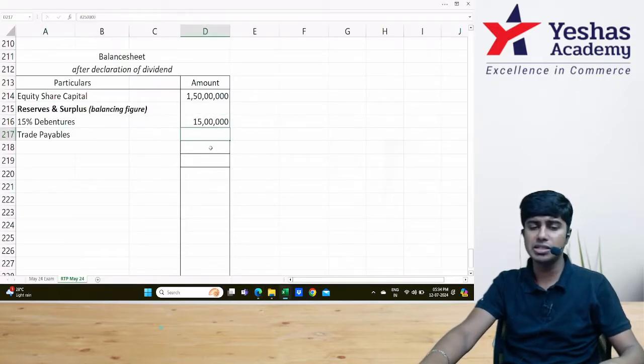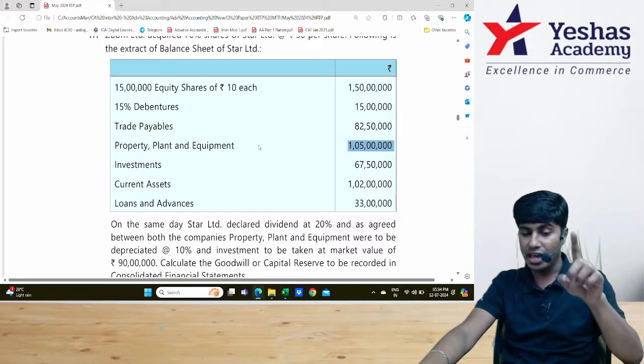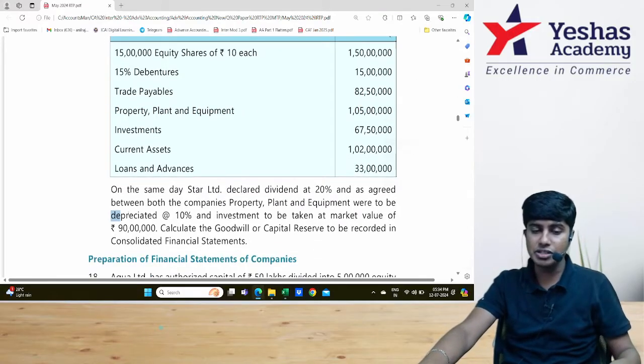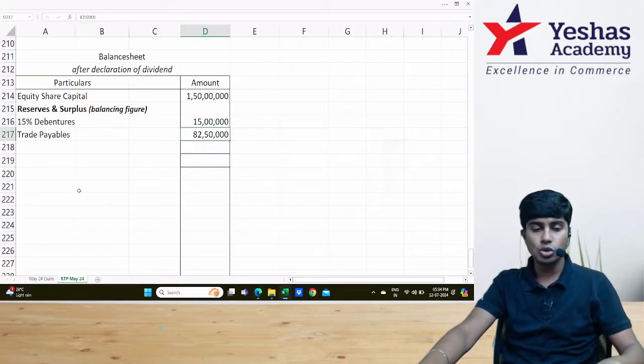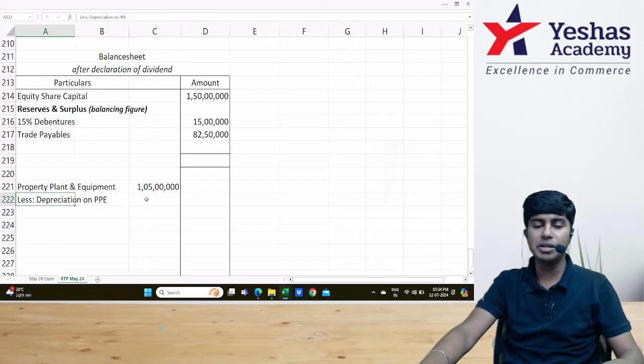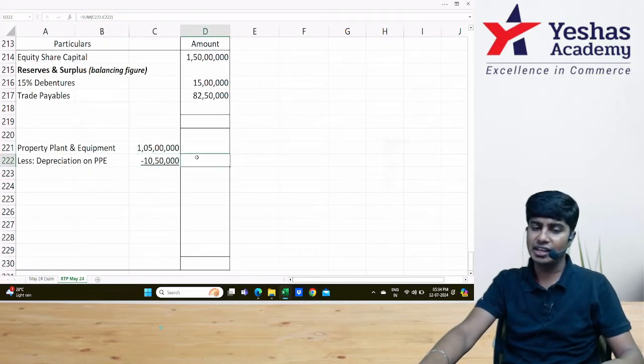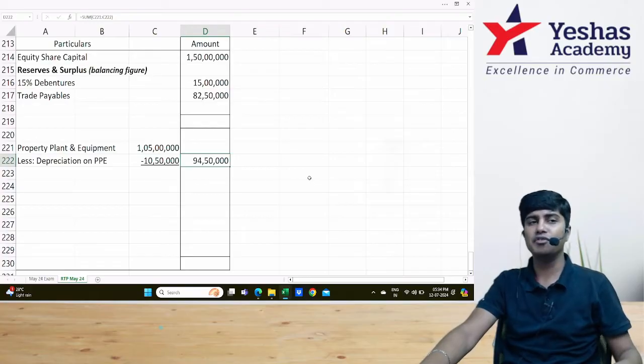Then, property, plant and equipment, 1 crore 5 lakh. They have asked us to charge depreciation on this at 10%. So on the asset side, I'll write PPE 1 crore 5 lakh minus depreciation at 10%, which is 10 lakh 50. If I deduct this, I'll get 94 lakh 50.